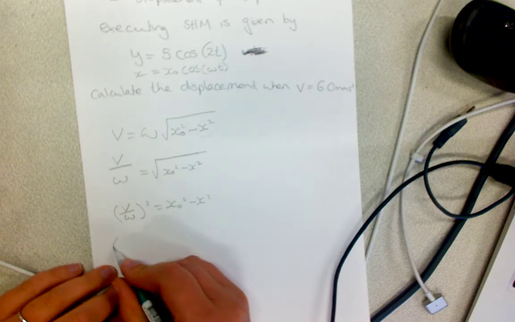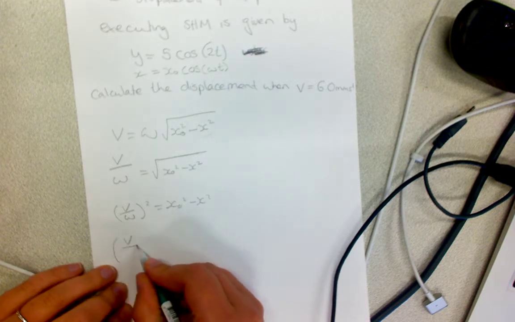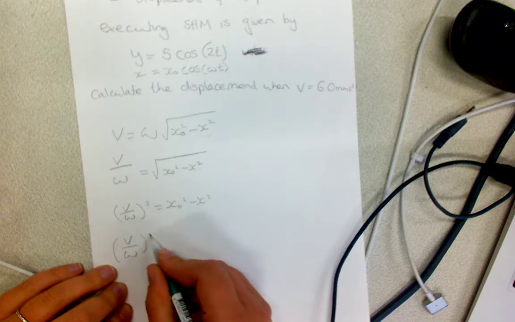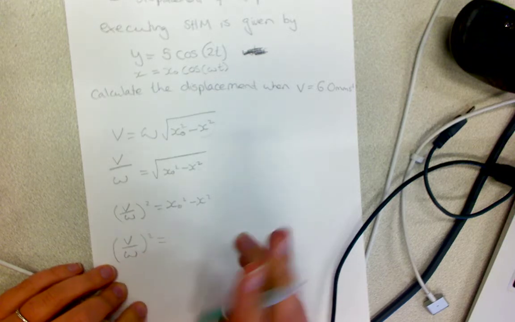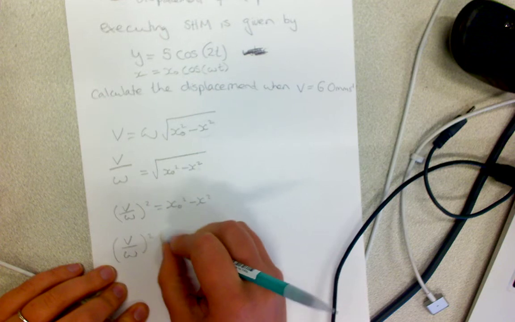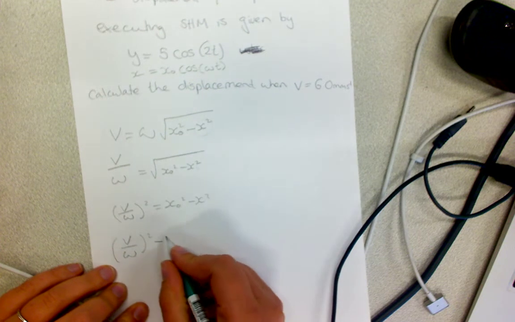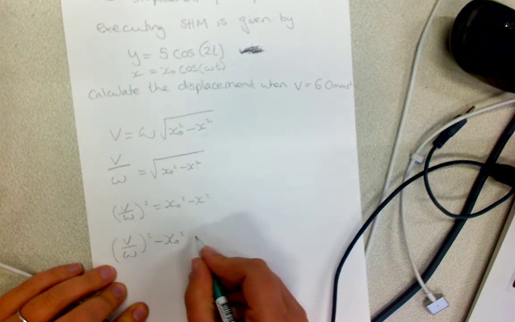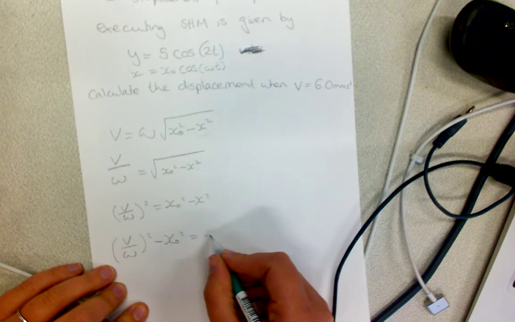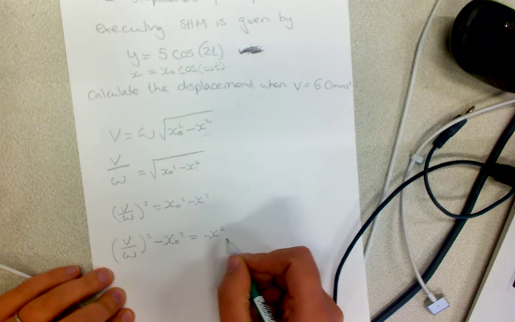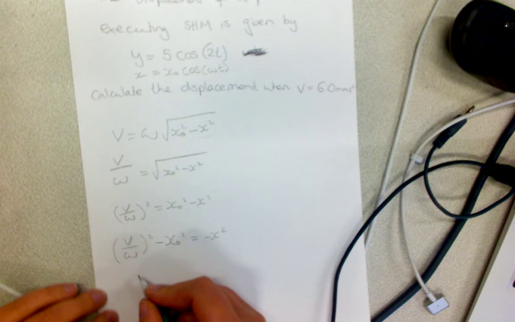So v over omega all squared equals x naught squared minus x squared. Let's put this over here to make it look a bit neater.